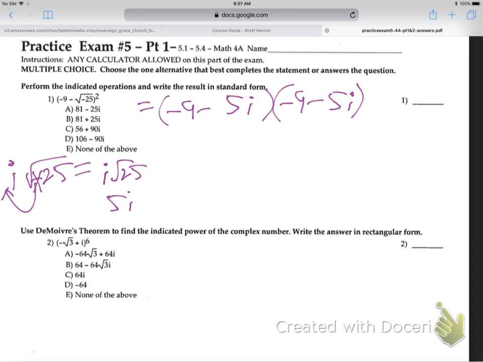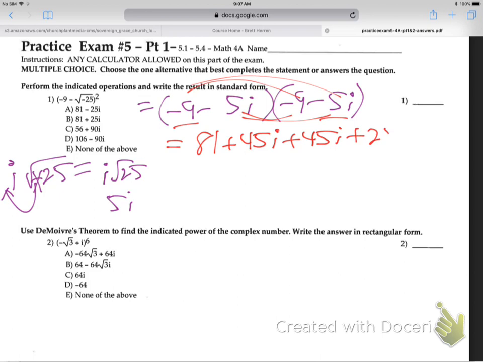All right. Here we go. Let's FOIL this thing. So 81, negative times negative, positive 45i, boom, boom, positive 45i, and then positive 25i squared. So just doing a normal FOIL there. So far, so good.